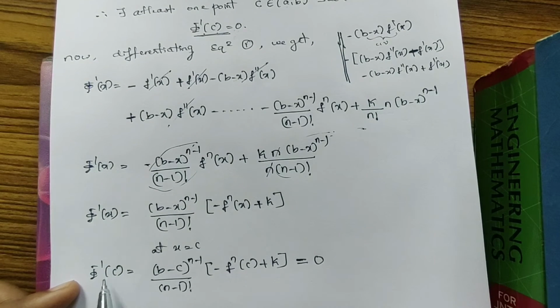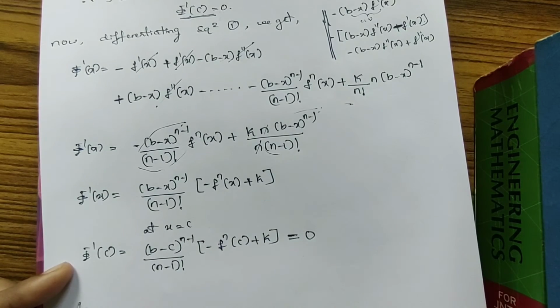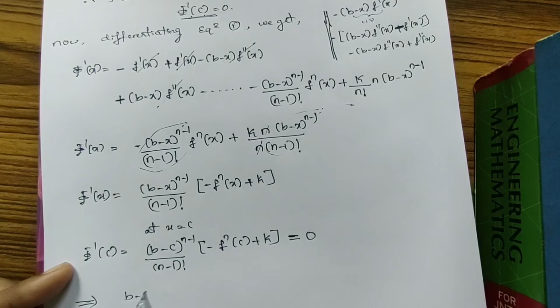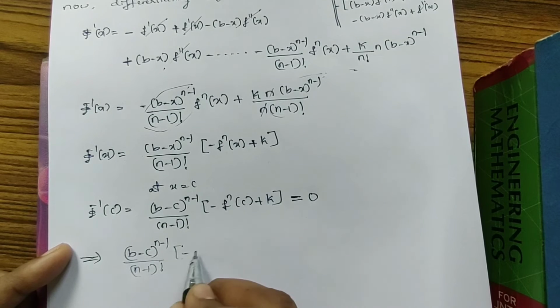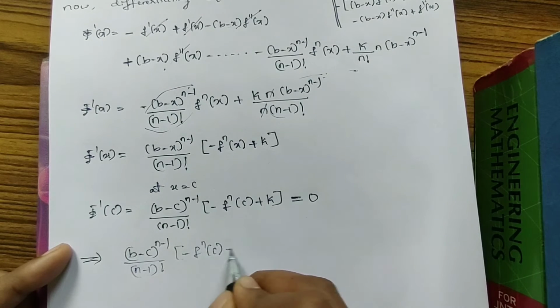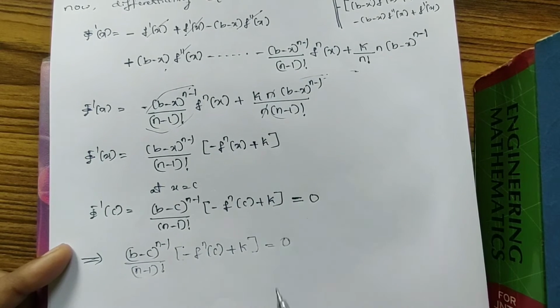So I am taking this phi dash of c is equal to 0. That means b minus c to the power n minus 1 divided by n minus 1 factorial of minus f power n of c plus k is equal to 0.